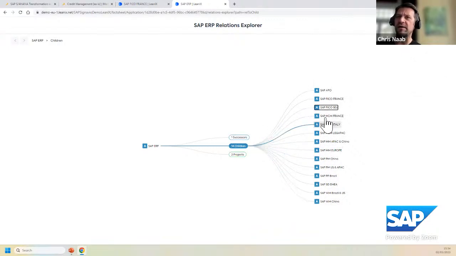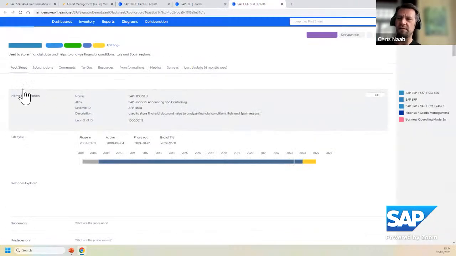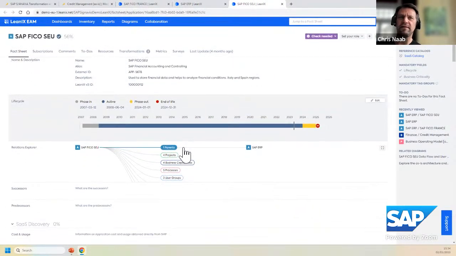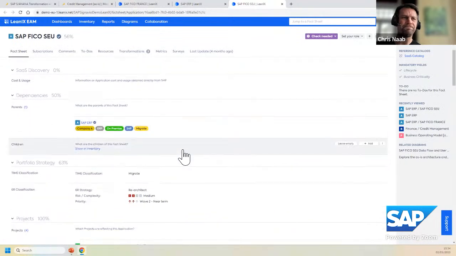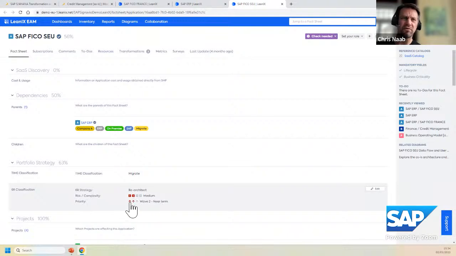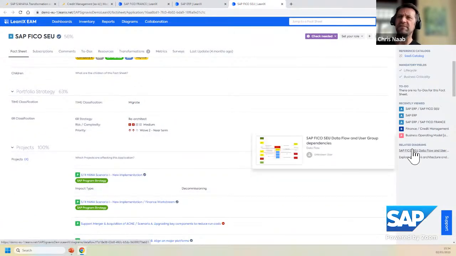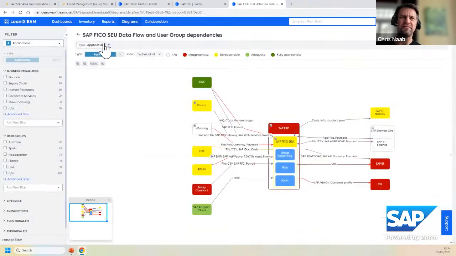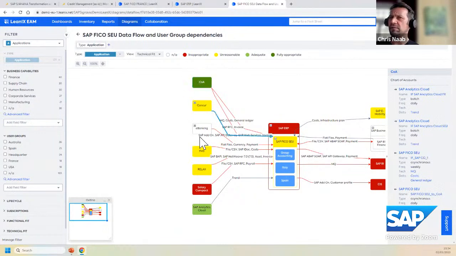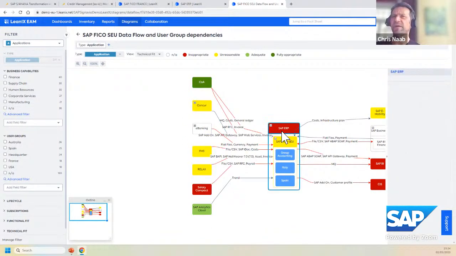So I can drill into other applications here, and what is really nice about LeanIX is that I can also do classifications. I can assign a certain priority in my transformation, and I can assign data diagrams, which show me what the upstream systems are, what the data sources of my ERP system are.